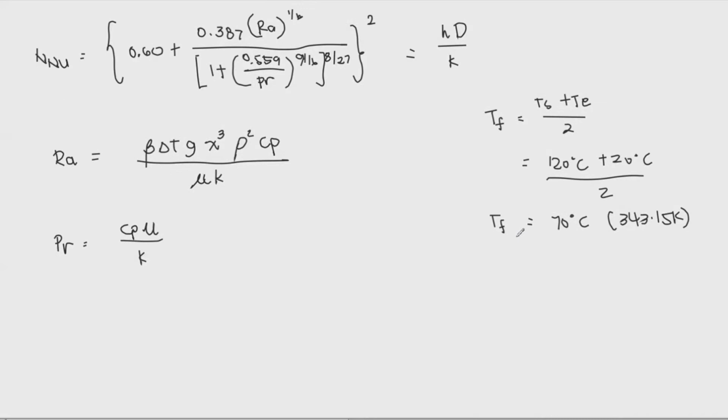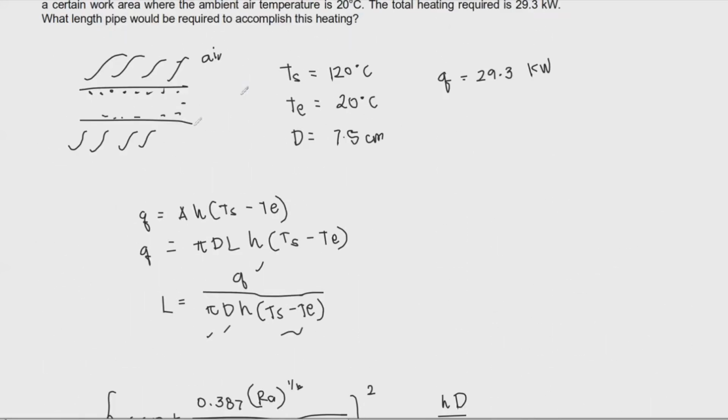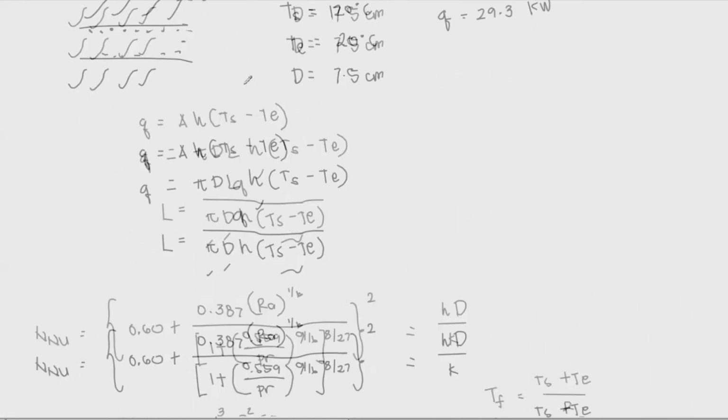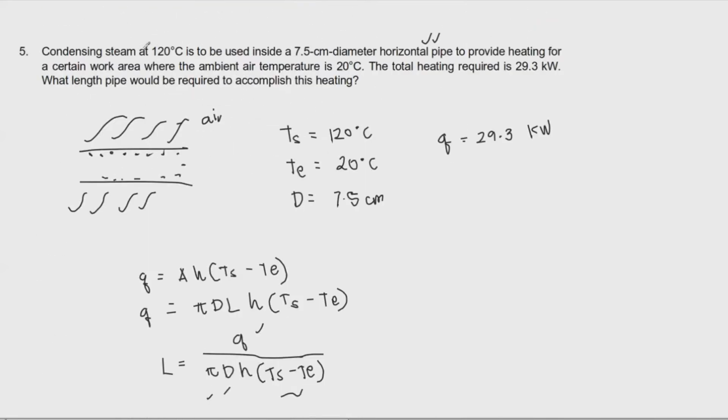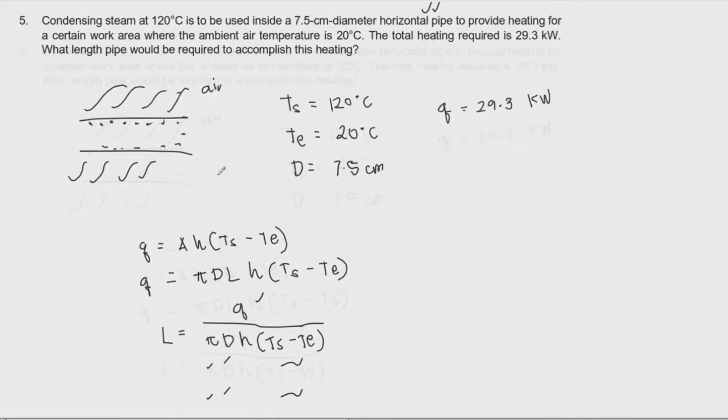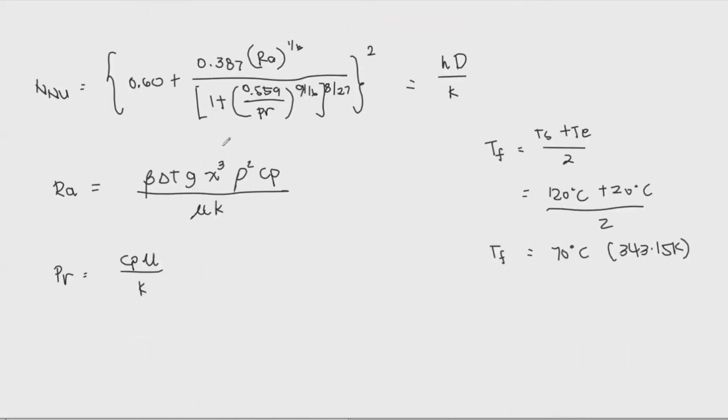We'll be evaluating all of the properties of the air, because that's our fluid on the outside. So that is our point of reference in this case. So it's not the steam, it's not the condensed steam, but it is the air, since it is the one that is in contact with our pipe on the outside.